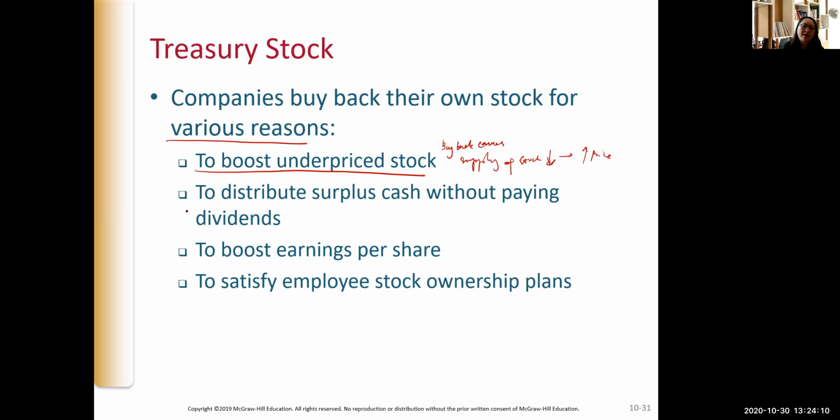The second reason you might buy back is that you want to distribute surplus cash without paying dividends. While dividends are usually a good thing to do, investors do pay personal income tax on them, right? Another way for a firm to distribute cash to equity holders is by buying back their stocks, because if you pay dividends, individual stockholders have to pay tax, right?